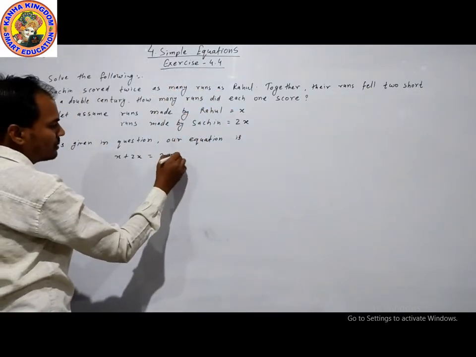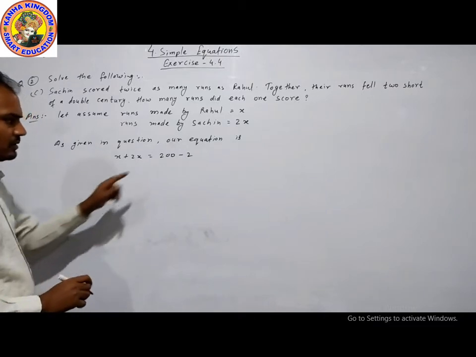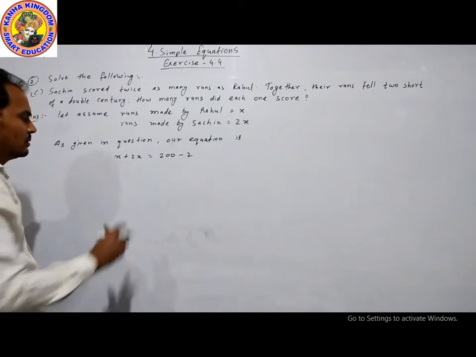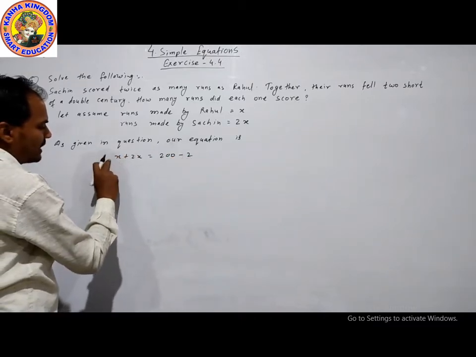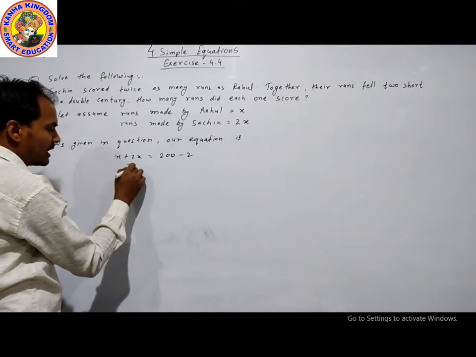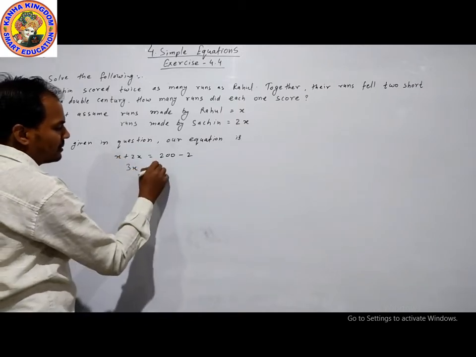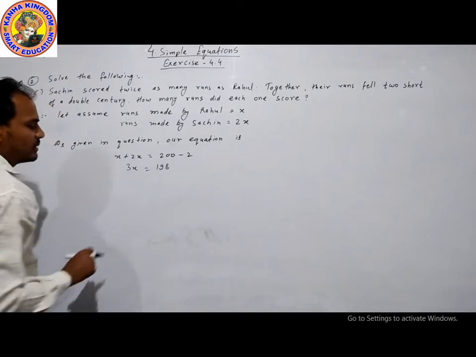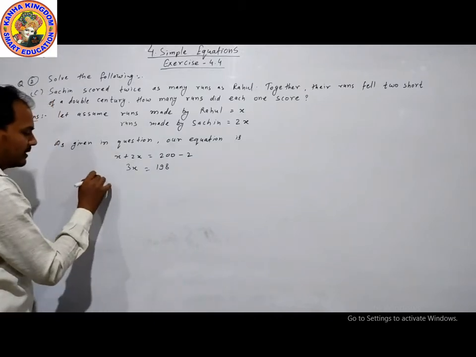Double century is 200, 2 short, 200 minus 2. x plus 2x, 1 time and 2 time, total are 3 times, 3x, equal to 198. Here is multiply by 3, so we will divide by 3.